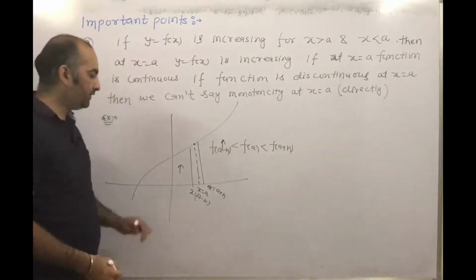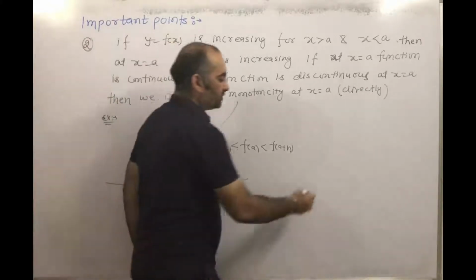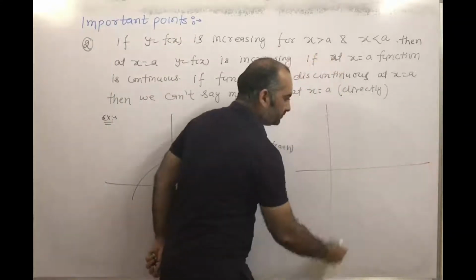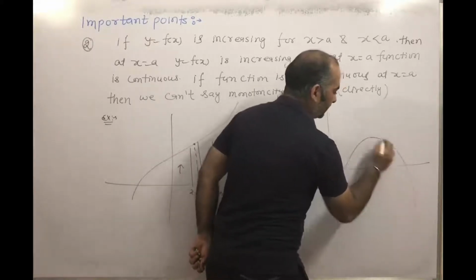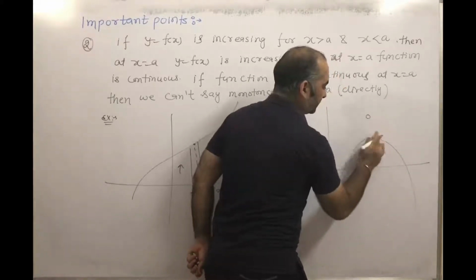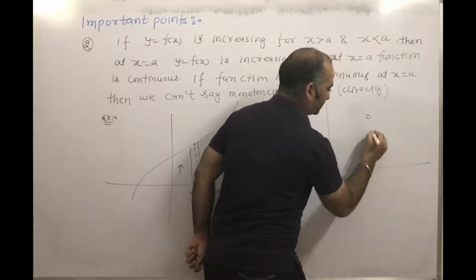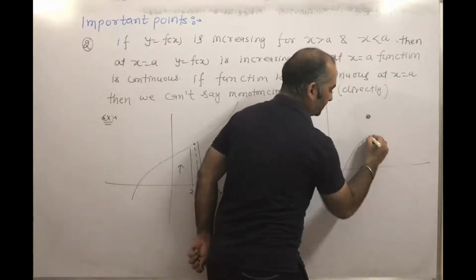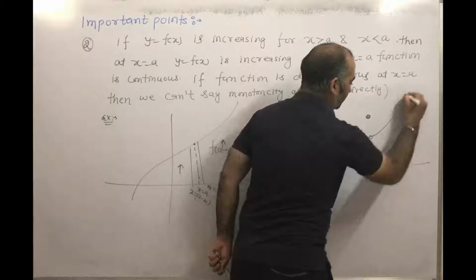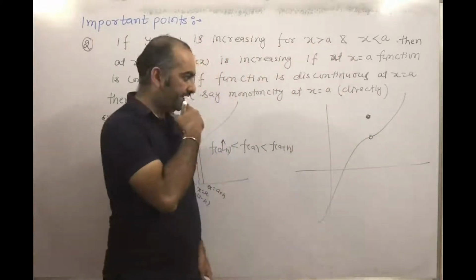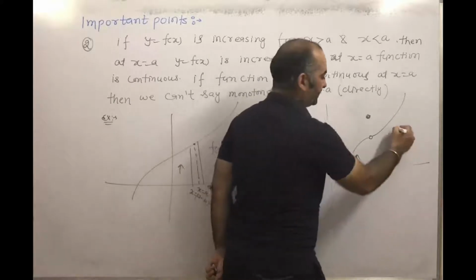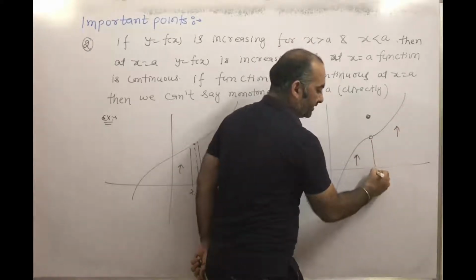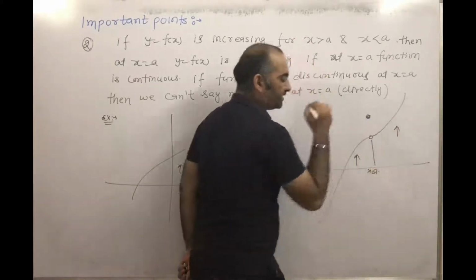Okay, now if function is discontinuous, then what are the possibilities? If you check here, function here is increasing, and here also increasing, but at x equal to a function is discontinuous.